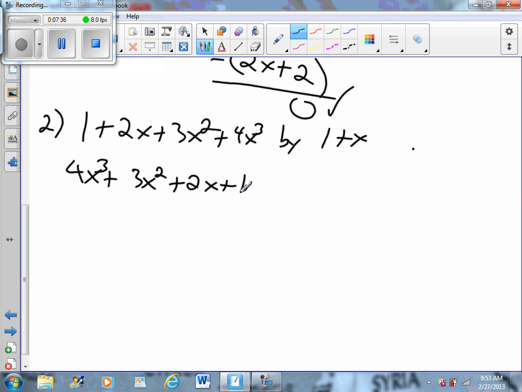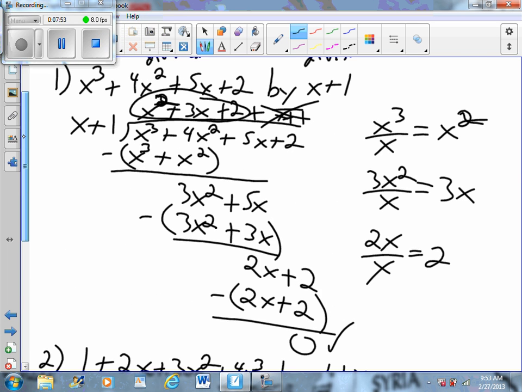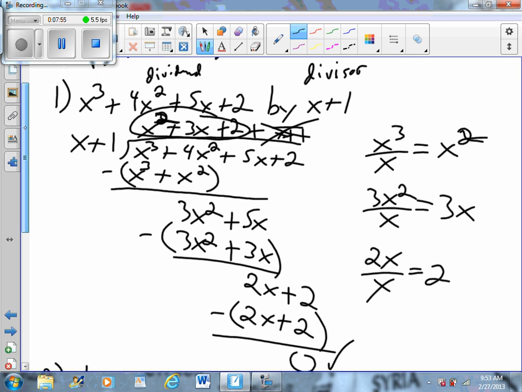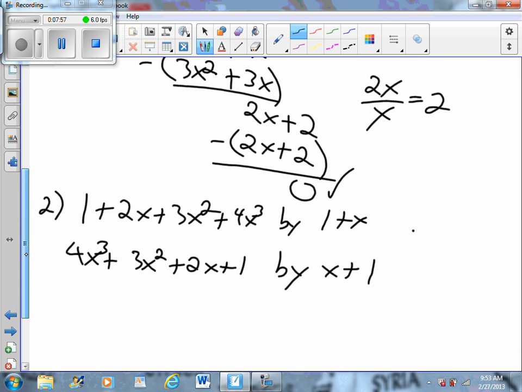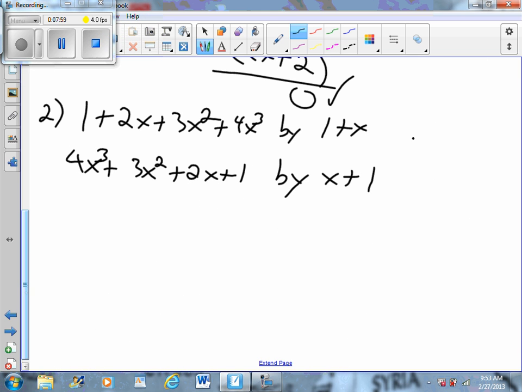Just get into the habit of doing that, and you should be okay. And dividing, let's say not by 1 plus x, but let's change the order. Let's make it x plus 1, because that doesn't change the value, it just puts the variable first. Which now puts this in the same format as number 1, right? So set it up the same way, do the division the same, and you should be okay.